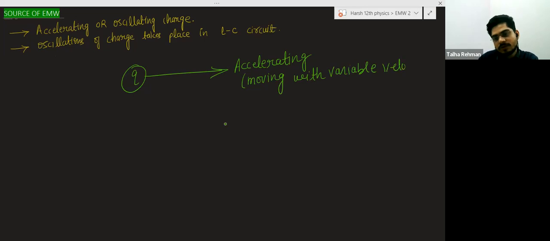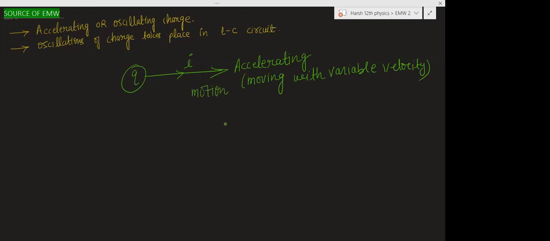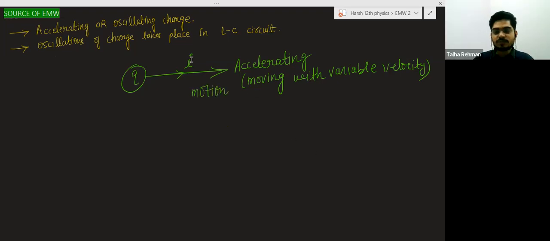Due to the motion of the charge, there will be a current. Due to the acceleration, this current is changing, and due to the change in current there will be a change in the magnetic field, and due to that change in the magnetic field, there will be a perpendicular electric field. In an electromagnetic wave, the electric field and magnetic field oscillate perpendicular to each other.